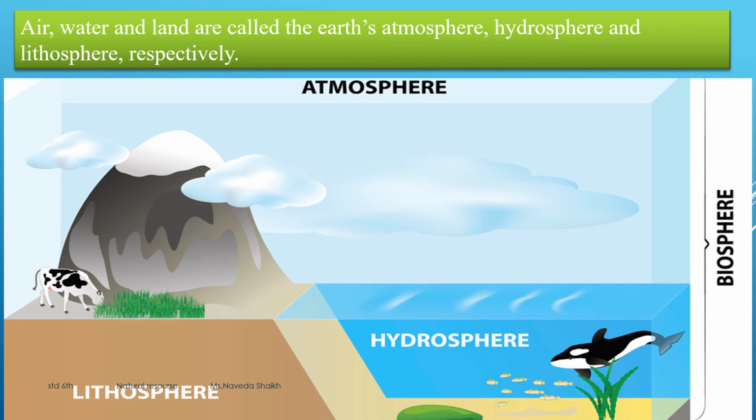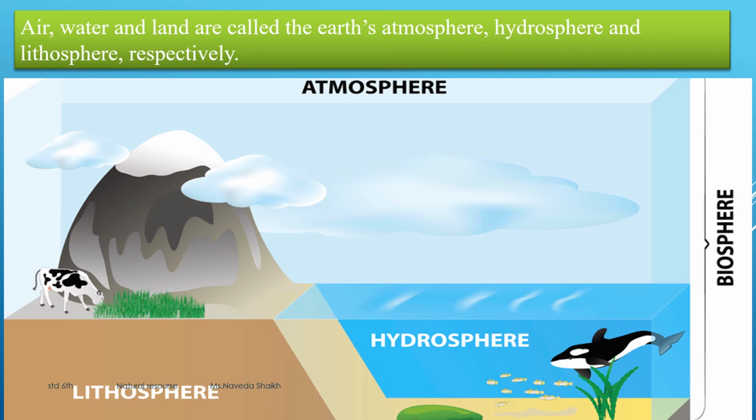Now, air, water and land, all these three things are extremely important for a living organism to survive. See, the animals which are on the land, they need water, they need air, they need land for their survival and their existence. Same way the animals and the plants beneath the ocean, beneath the water, they also need air. They do not get the atmosphere directly, but it is required by them and they get it.